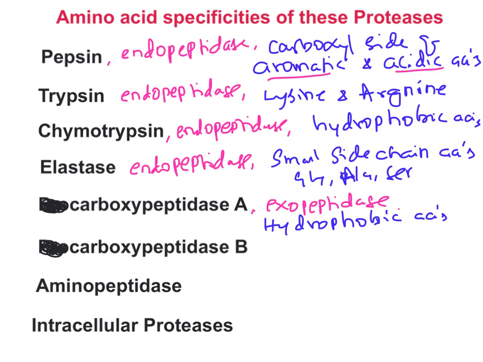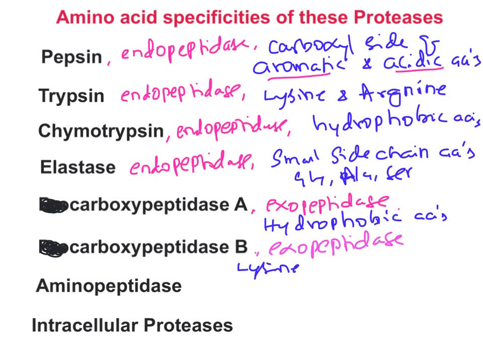Now let's talk about the carboxypeptidase B enzyme. Just like carboxypeptidase A, it is an exopeptidase. Since it's an exopeptidase, it means it is acting on the carboxy terminus. That's why it is called carboxypeptidase. The specificity is that it acts on lysine and arginine, just like your trypsin.